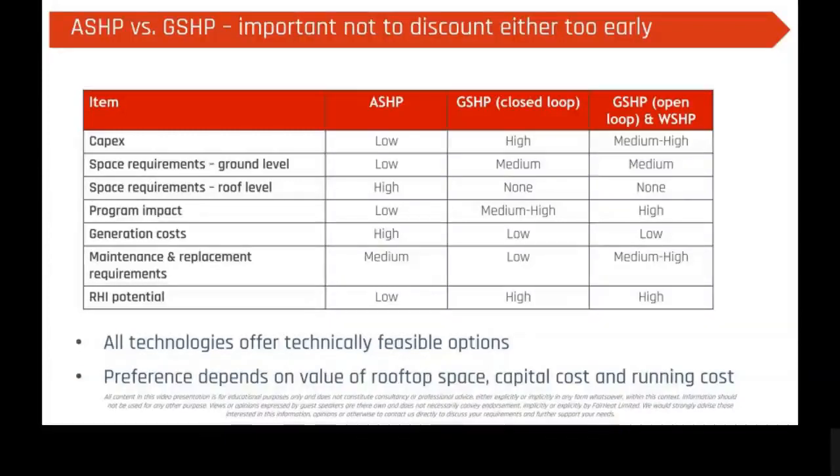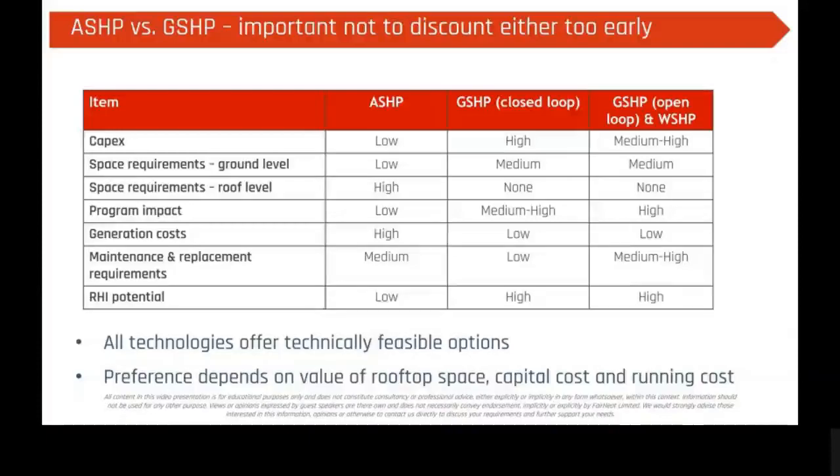It's a big piece of equipment that on a previous block of flats didn't need to be accommodated, and now you have to find space for it, and sometimes that rooftop space is incredibly valuable for other purposes. So finding an alternative to avoid having to locate that there could mean that you look at ground source or water source, if you've got a reservoir or a water source in the area.